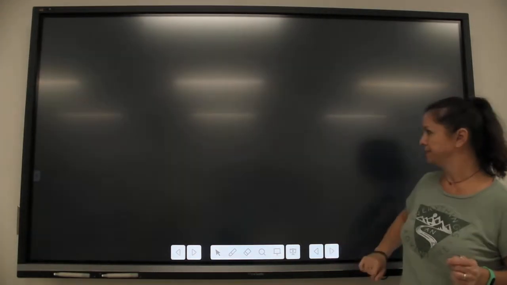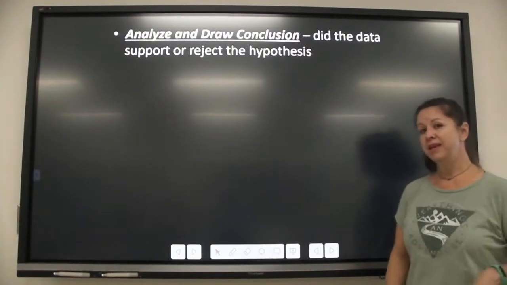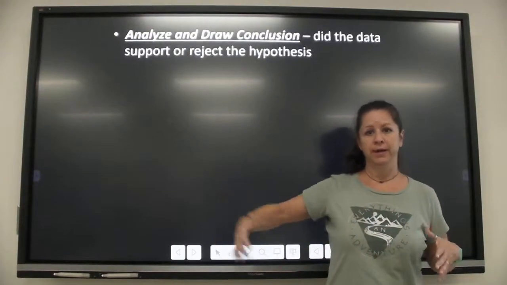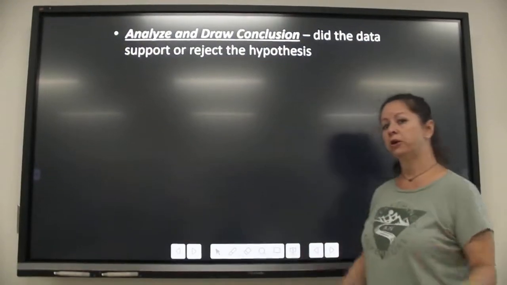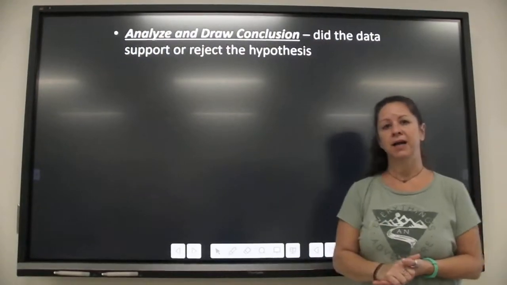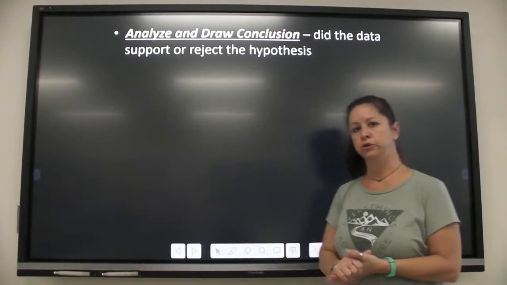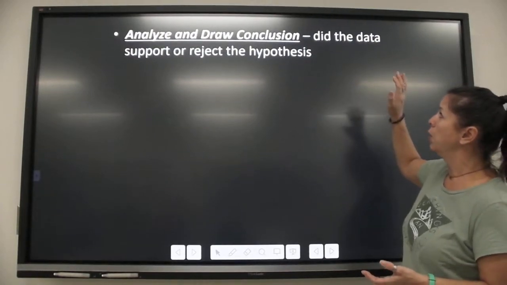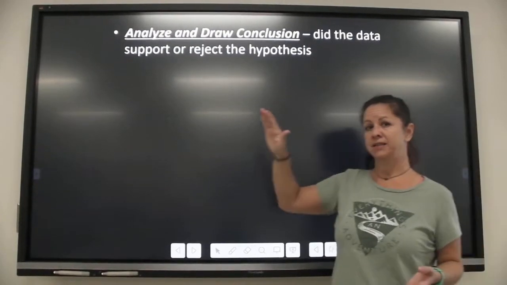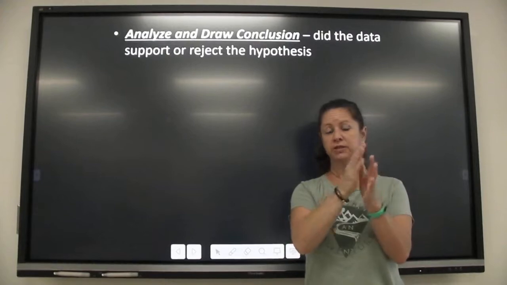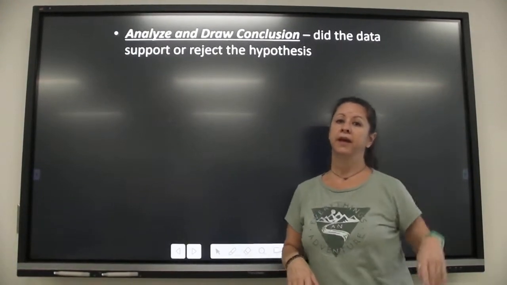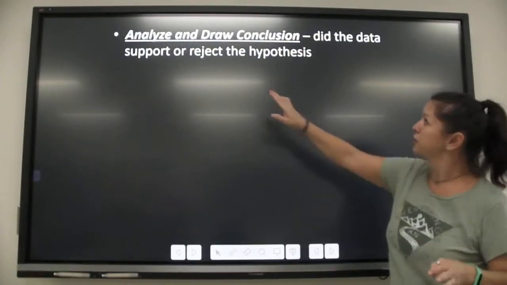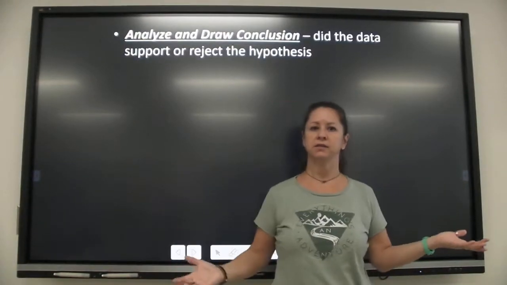You're going to collect that data, and that data is going to tell you what's happening with your experiment. And then after you've run the experiment, however long you need to, and collected all your data, you've got to analyze that data and draw conclusions. What you're looking at when you analyze the data is what the data told you. Did your grades go up? Then your data supported your hypothesis.